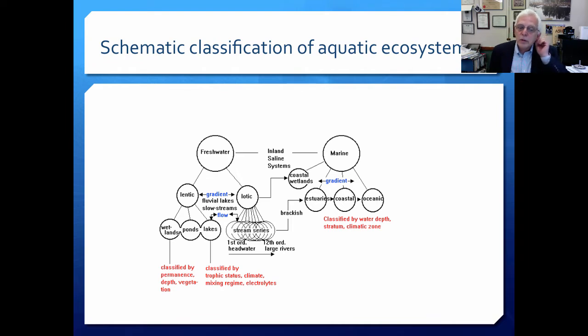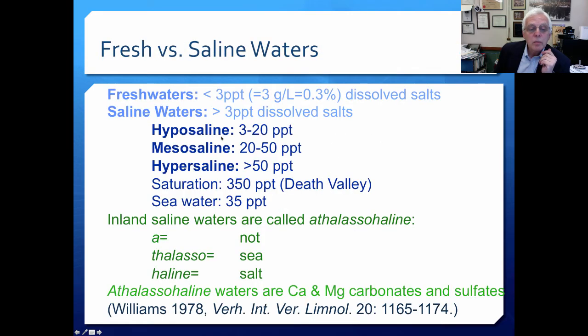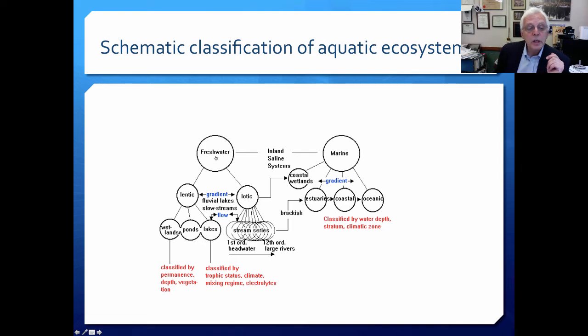Next, let's think about a schematic classification of aquatic ecosystems, and you can see this little diagram I made here. Over on the left-hand side, you'll see freshwater systems, and over on the right are marine systems. These would be the saline systems, set up very much the same as the previous display.